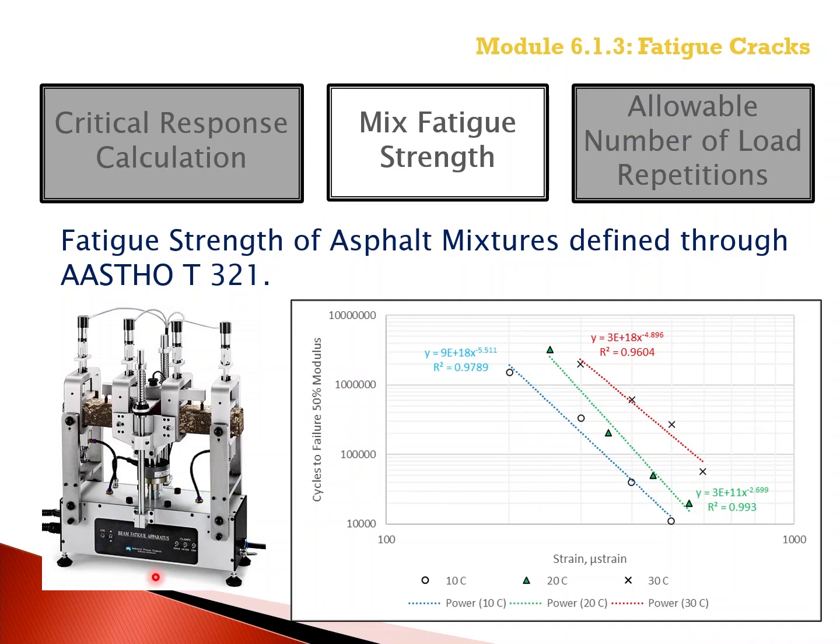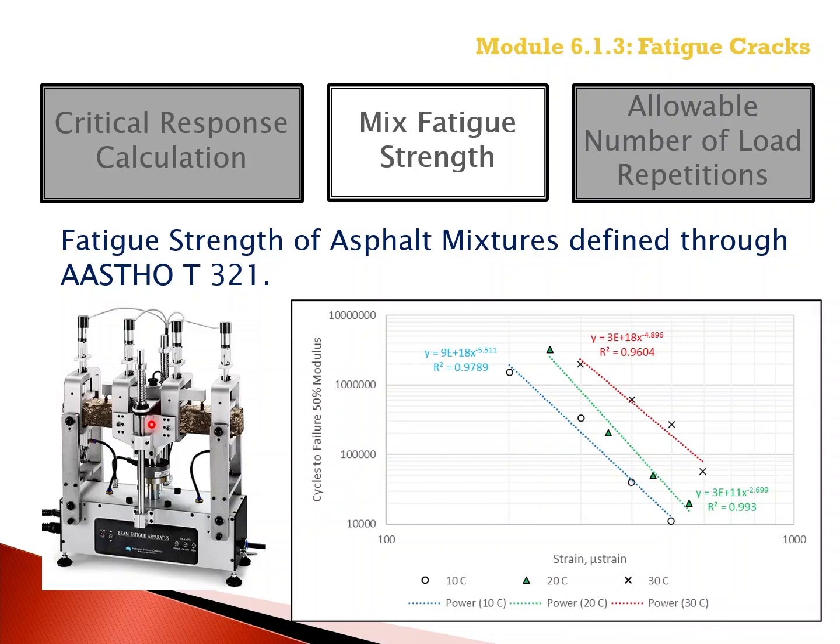Now let's identify the asphalt mixture fatigue strength that is measured in the laboratory using the flexural bending beam fatigue test to predict bottom-up fatigue cracks. Remember, the fatigue testing of asphalt mixtures was discussed in Module 4-4-5 on asphalt mixtures.